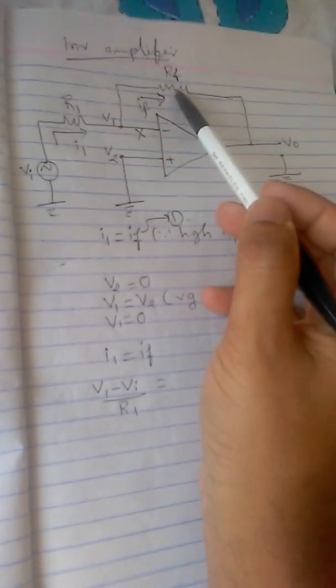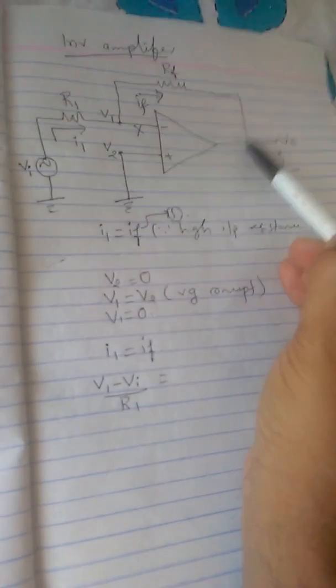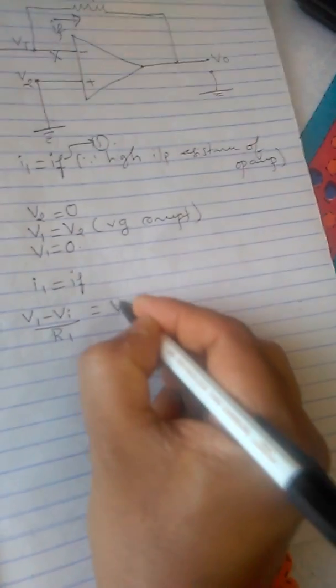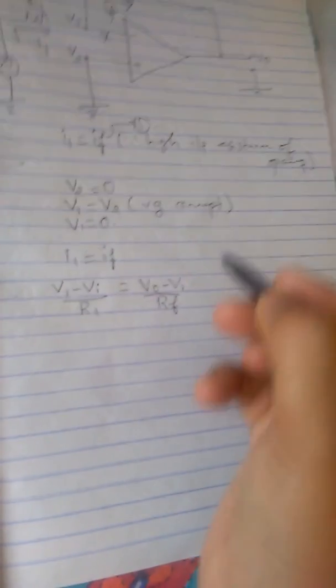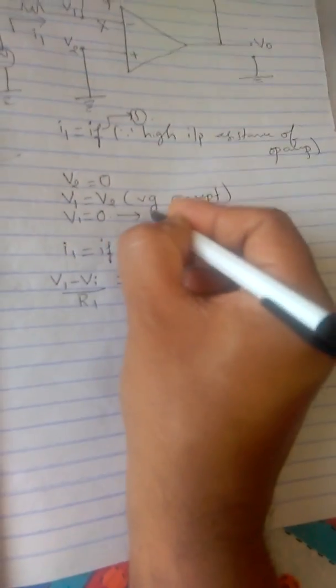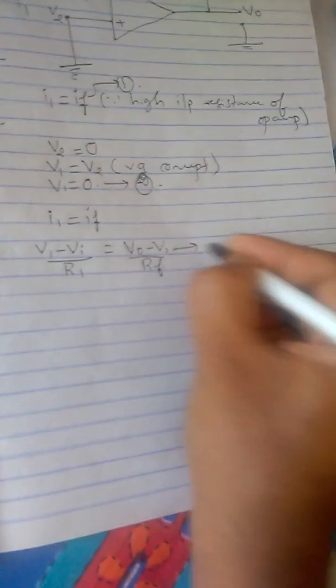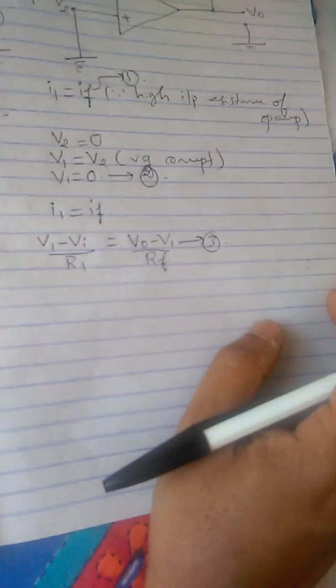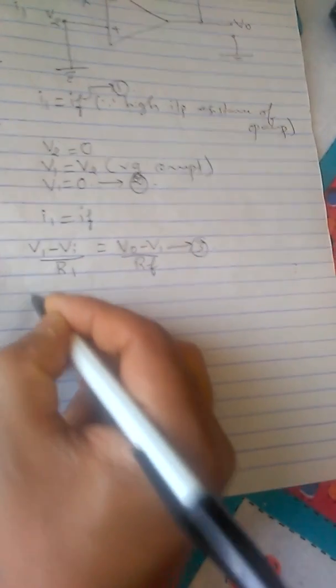Similarly, IF is the current that flows through RF. RF is placed between two potentials, V0 and V1. So I can write V0 minus V1 by RF. This is equation number 2, and this is equation number 3. In equation number 3, I can replace V1 by 0.